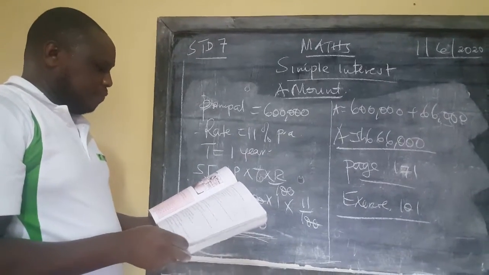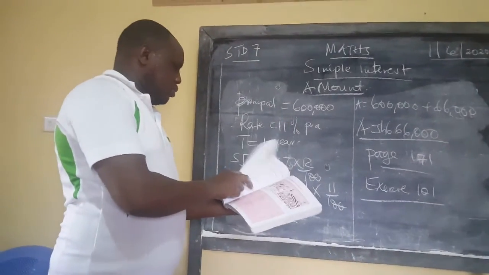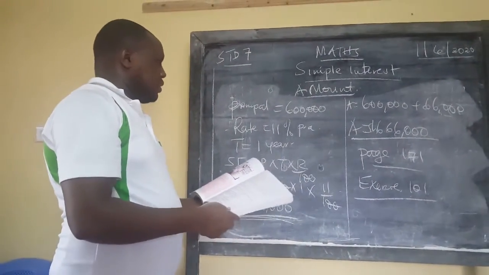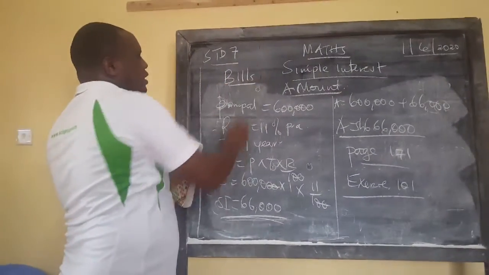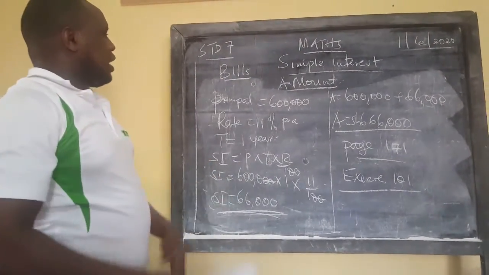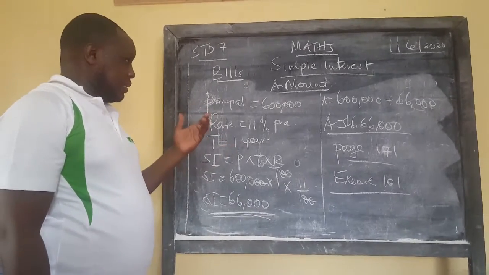Then of course, next time I will deal with bills. You know what bills are? Bills is our next subtopic. This entails cash and a shopping list.